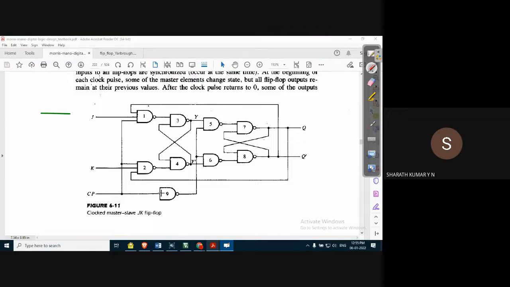This part of the circuit acts as a master, and this part of the circuit acts as a slave. If you observe the feedback, guys, this is very important.